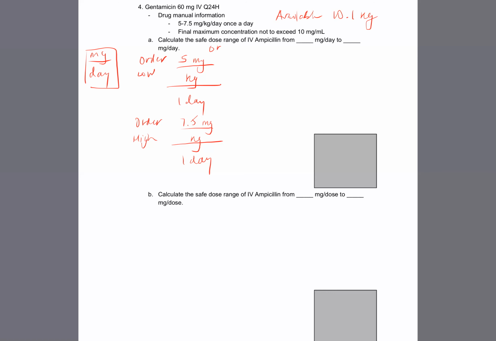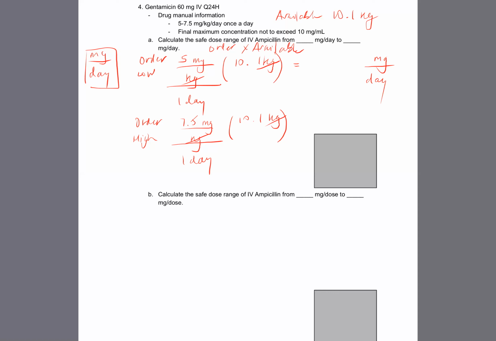And following with our equation, order times available. So you're going to go ahead and multiply this by 10.1. So the units of kilogram cancel. Multiply this one by 10.1. So the units of kilogram cancel. And you're left with milligrams per day.